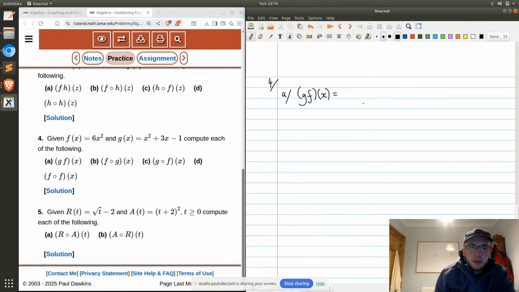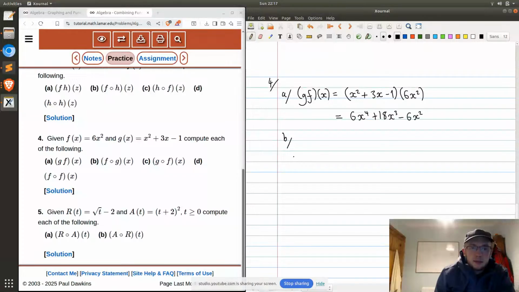So pick up the definition of g in brackets and put it first. Then pick up the definition of f in brackets and put it second. And carry out the multiplication. So this would be 6x to the 4 plus 18x cubed minus 6x squared.